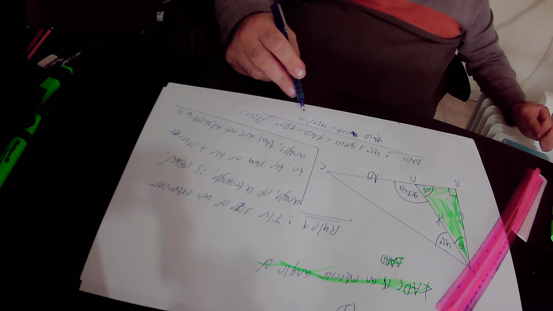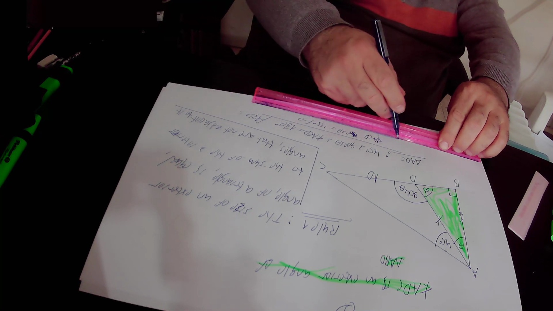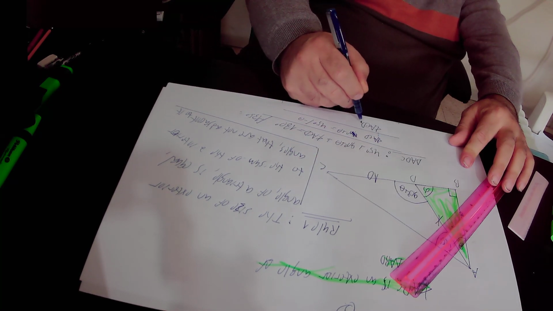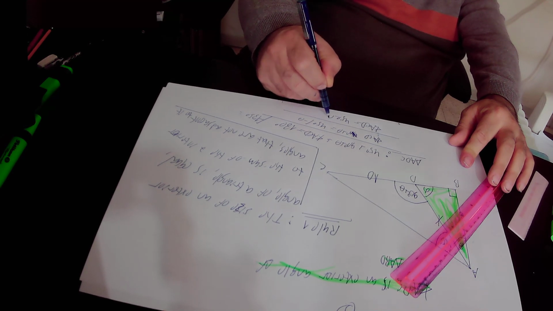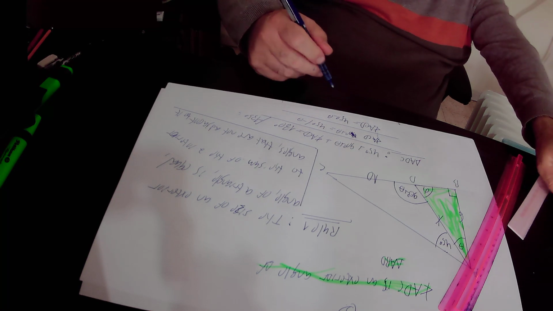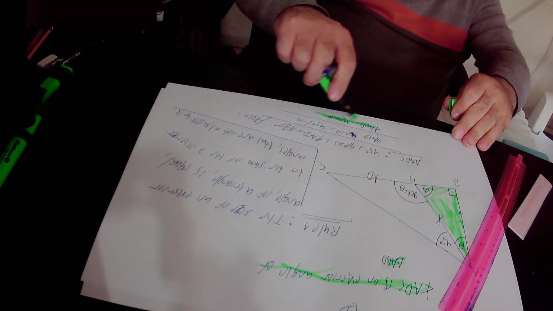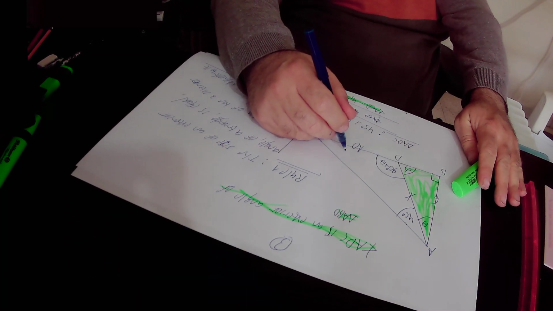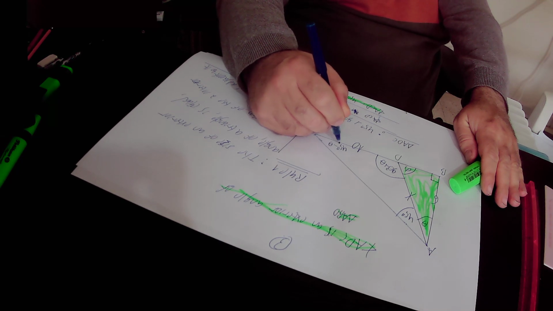Then we subtract theta from this equation, and we got that the size of the missing angle, angle ACD, is equal to 45 degrees minus theta. Okay, so angle ACD equals 45 degrees minus theta.